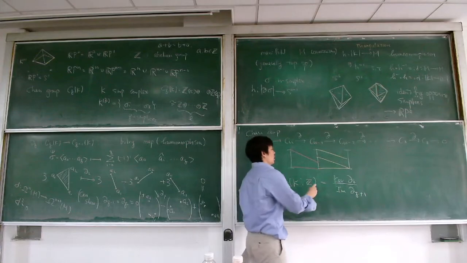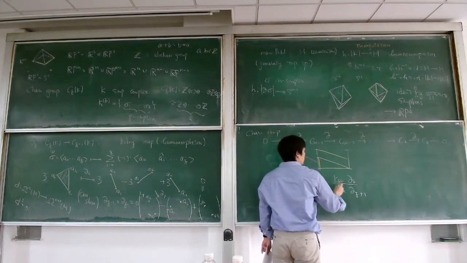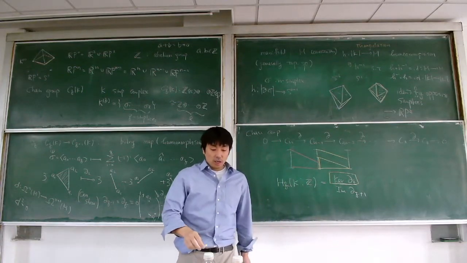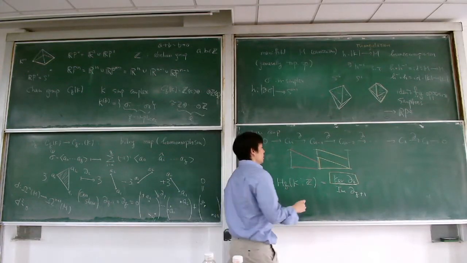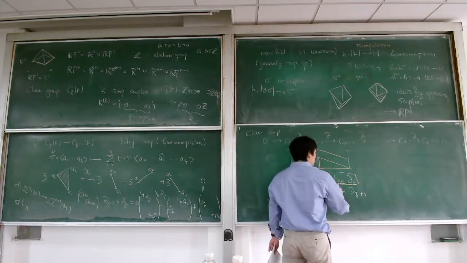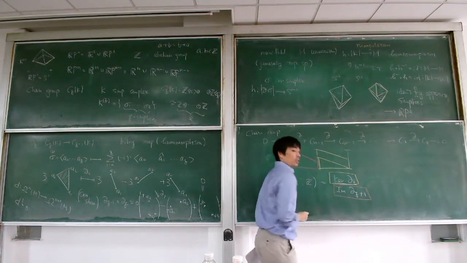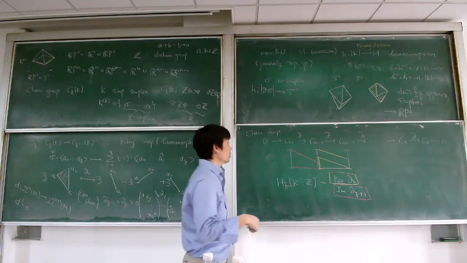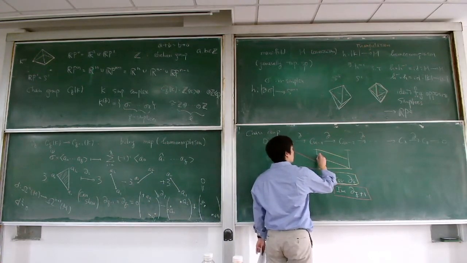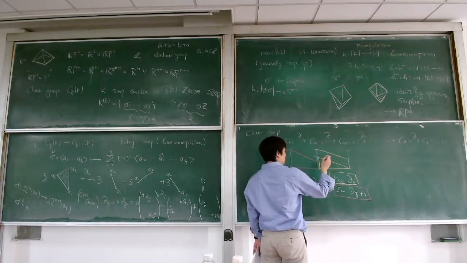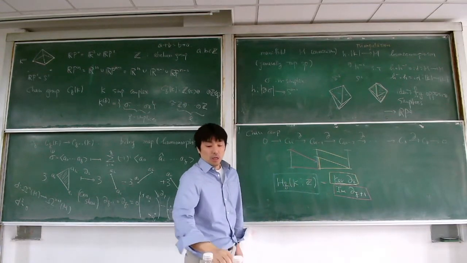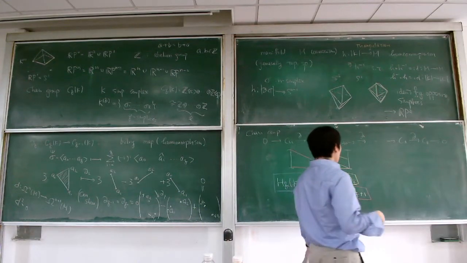So this is the kernel. This yellow one is this guy, and this red guy is this guy. And the homology is the difference in between. So this is called Q homology.